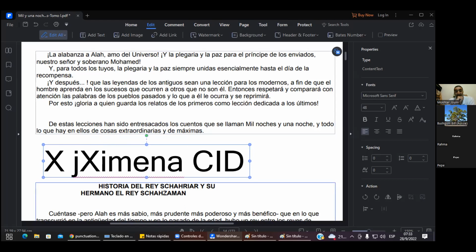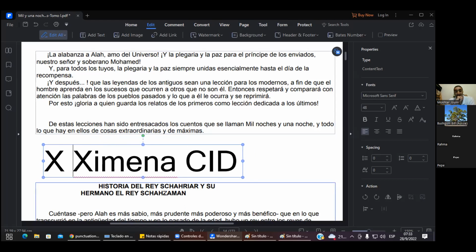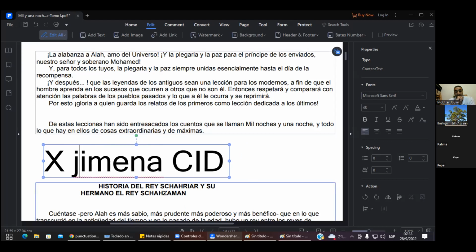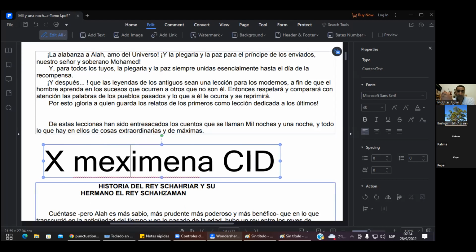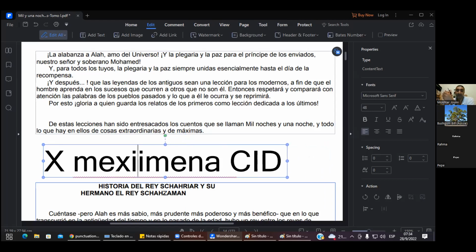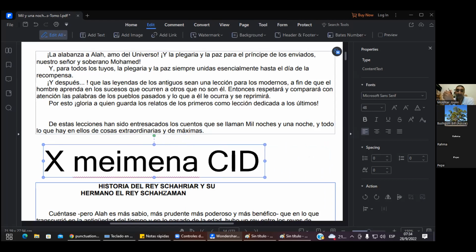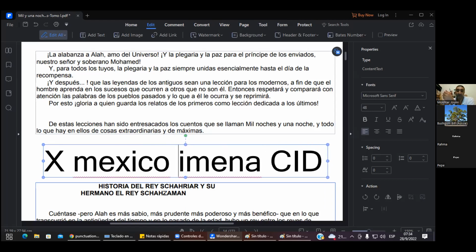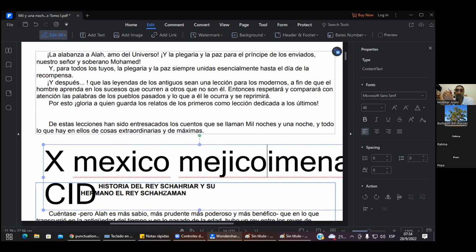Okay, Jimena. Now you don't write it anymore like that, but you write it like this, Jimena. In those days, the X is still used like in Mexico. In English we call it Mexico, but in Spain you can write it like this, Mexico, or Mexico.